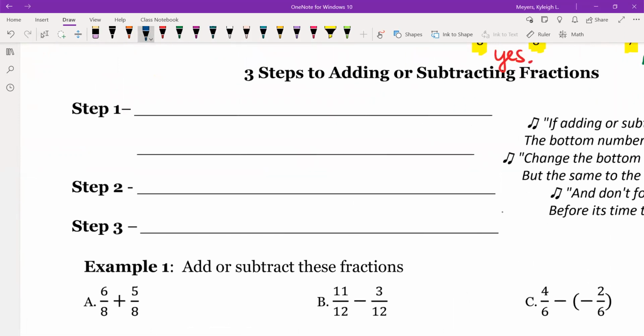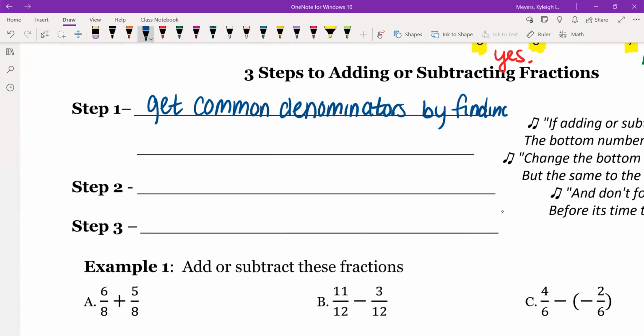So the steps. We want to get common denominators by finding factors they share. That'll make sense in a second.